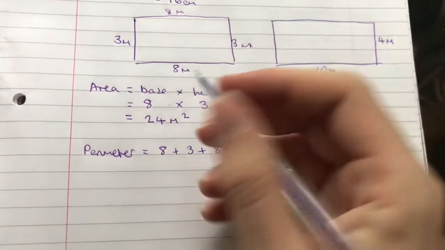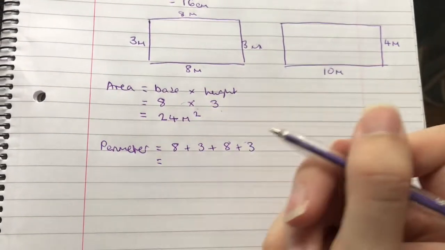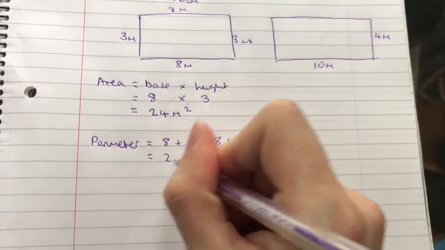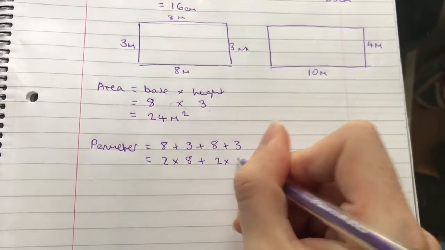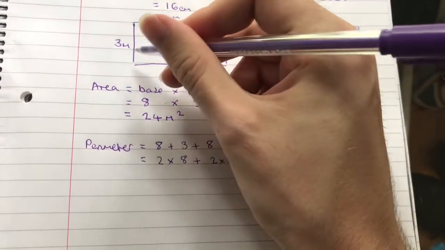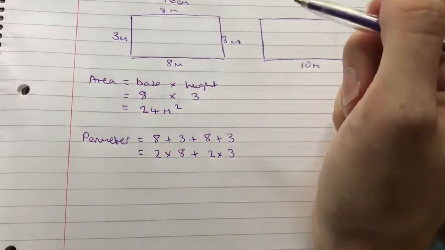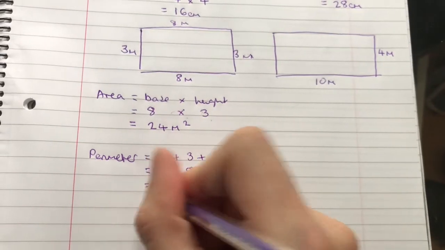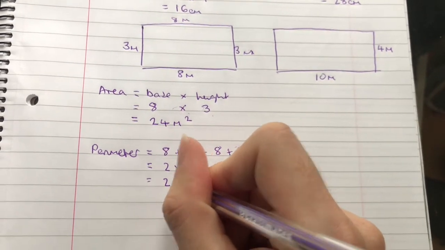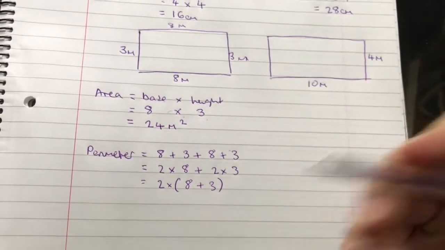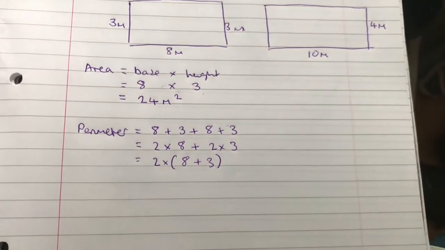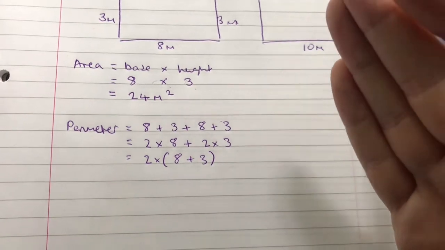Well, what I like to do is 2 lots of 8 plus 2 lots of 3. Or another way of writing that is 2 lots of brackets 8 plus 3. Up to you which way you want to do it. There's 3 different ways. Just choose whichever one works best for you.